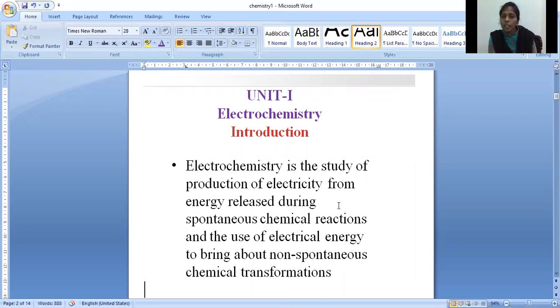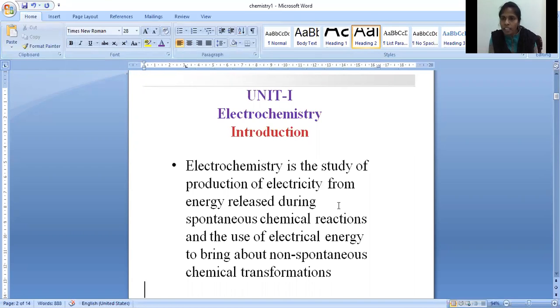Here, electrochemistry is the study of production of electricity from energy released during spontaneous chemical reaction. That means electricity is produced from chemical reactions. That means chemical energy is converted to electrical energy, based on the chemical reactions.